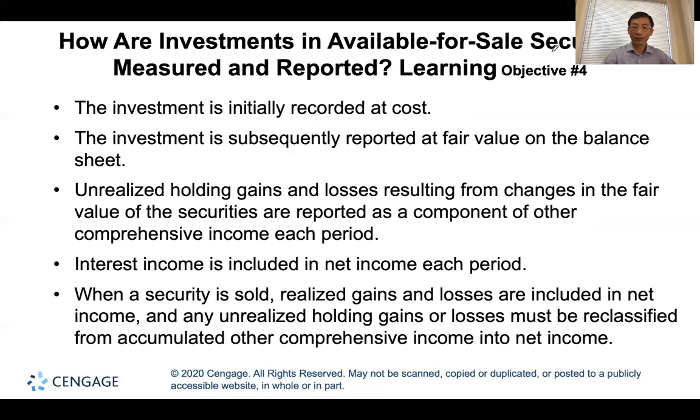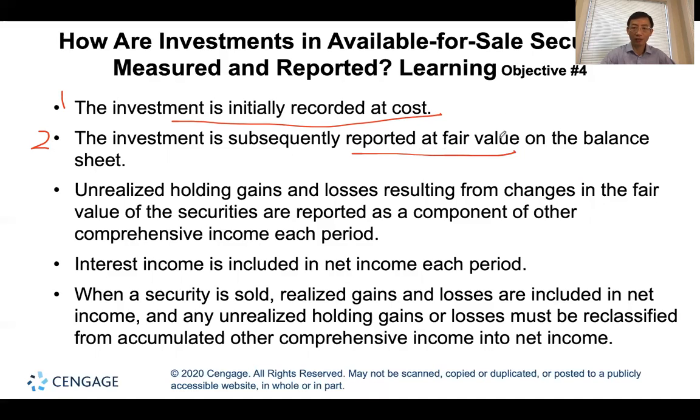So the accounting procedure is similar. There is a very small difference. Initially it is recorded at cost in the first procedure, and then on the reporting date, usually December 31st, we report it at fair value.